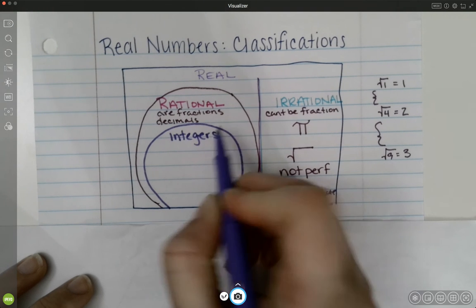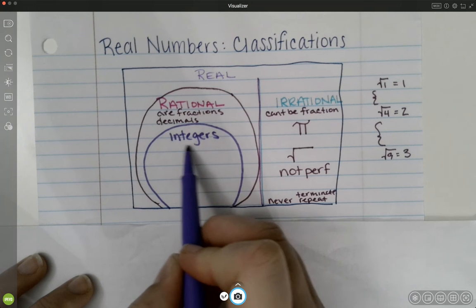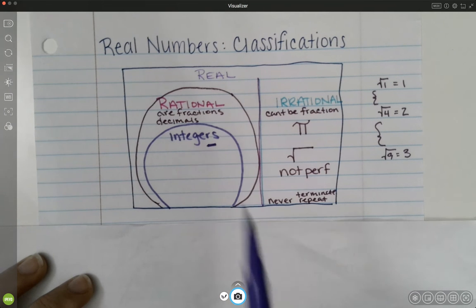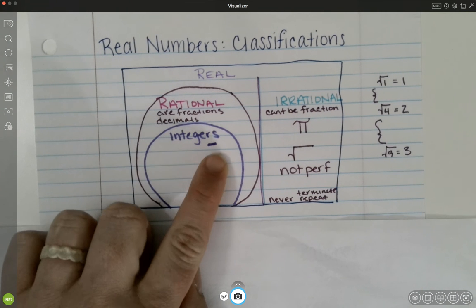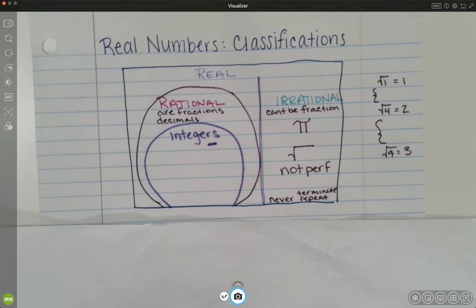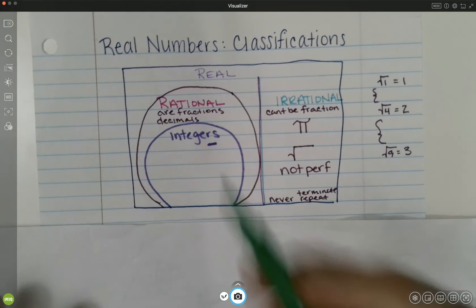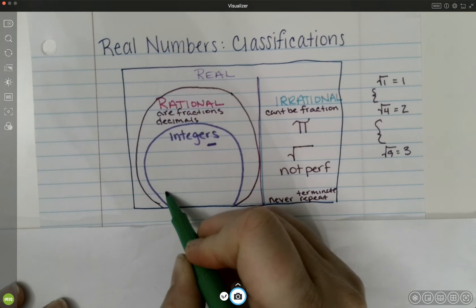Integers is when I have the introduction of negative whole numbers. Here is where negatives come into play. A way to remember this is that a capital I can rotate over to make a negative sign. So integers is a more specific way of saying a rational number.